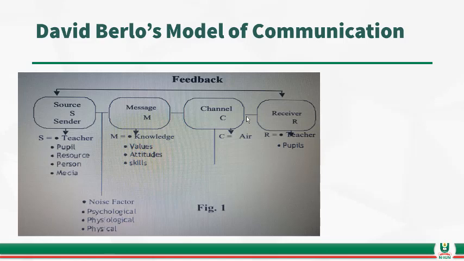That is why we have the arrow here, so we can see how it can affect the flow of communication. There are so many factors as regards that. We have psychological factors, physiological factors, and physical factors.